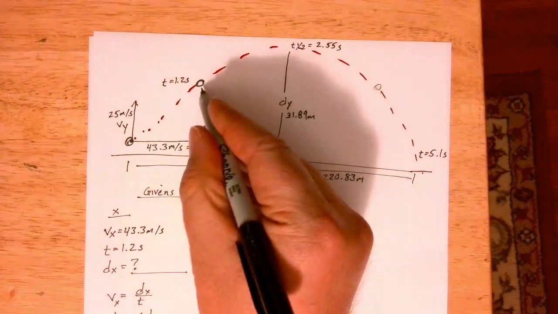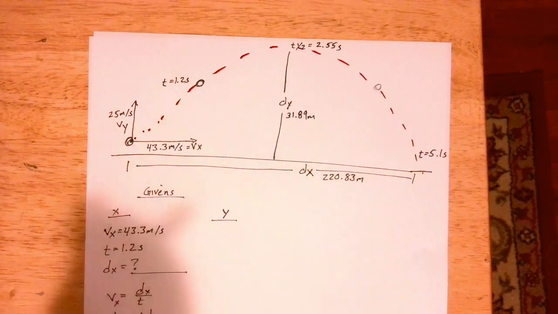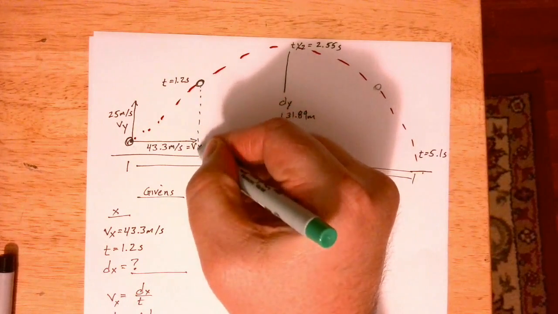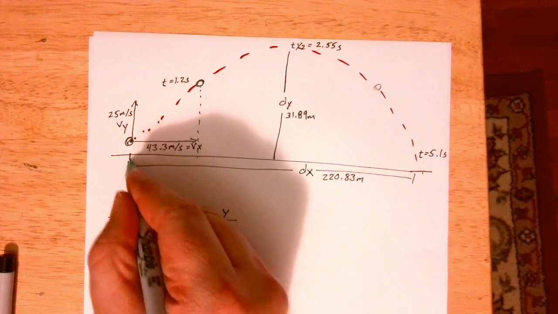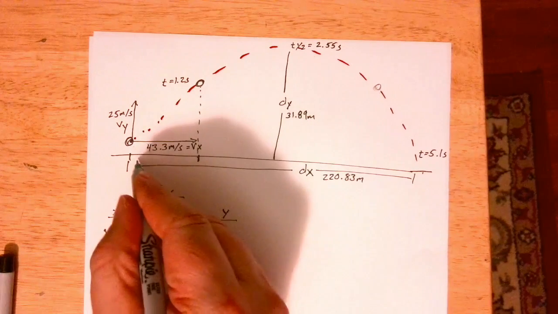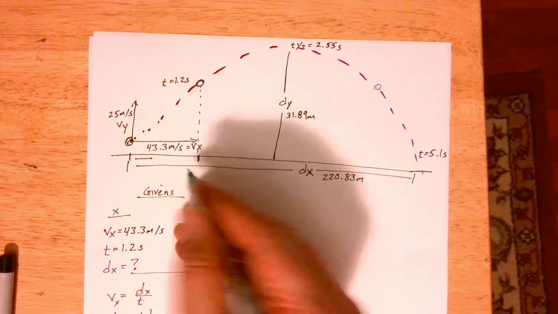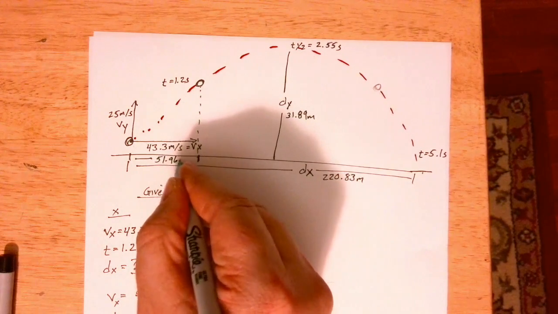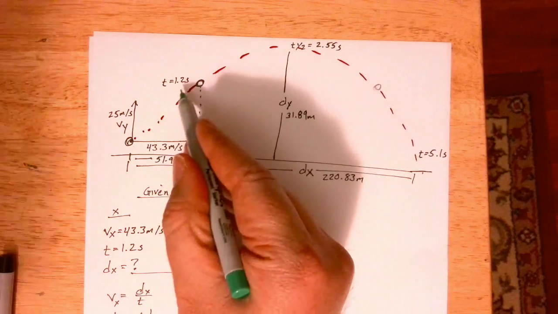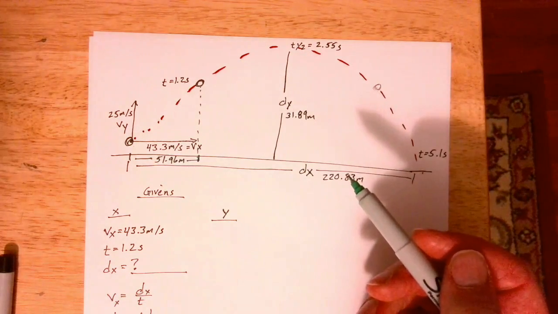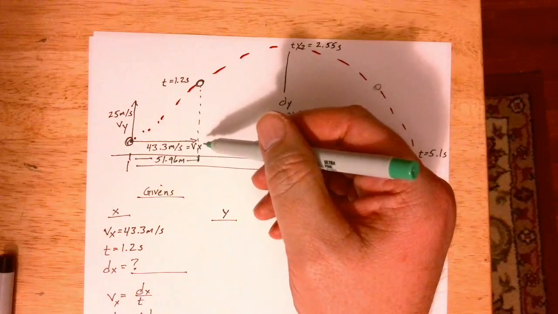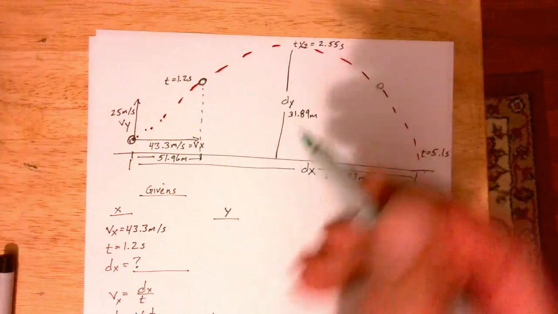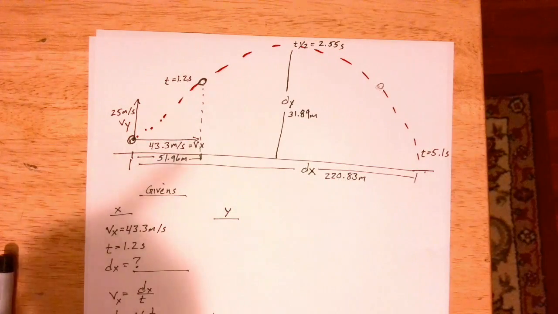That means at this point in time, this projectile would have traveled horizontally 51.96 meters across at 1.2 seconds. So we still need to figure out how high is it, and also how fast and what direction is it going. So let's go ahead and do that next.